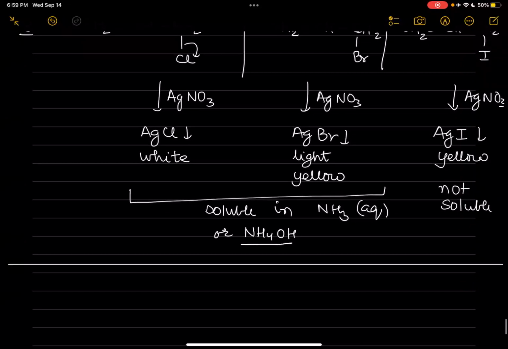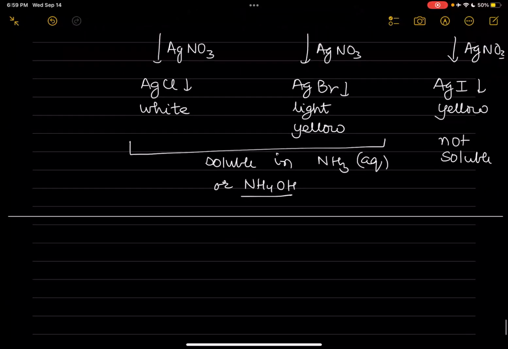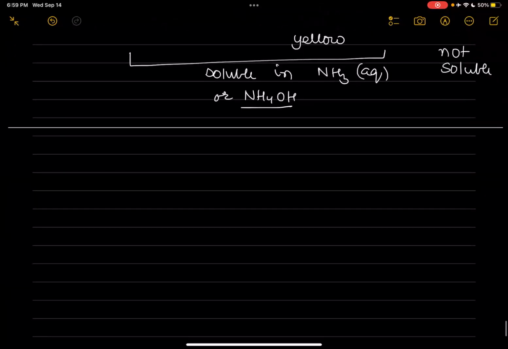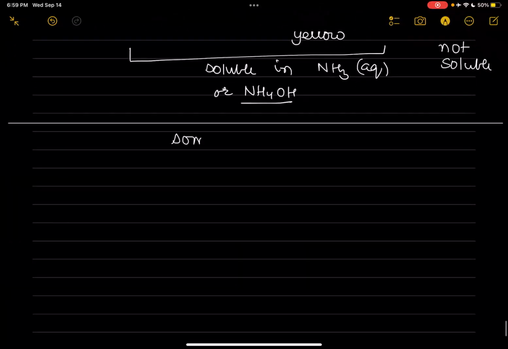Now let's do some. There are certain important halogen compounds that need to be discussed. Okay, commercially important compounds. So what are these compounds?